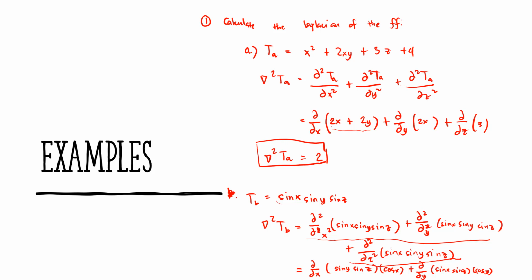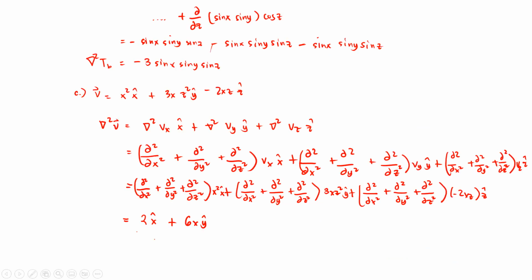So you have cosine y. You have sine x, sine z multiplied by cosine y. And then with respect to z, so copy sine x, copy sine y, and then differentiate sine z. So its derivative is cosine z. So you have sine x multiplied by sine y multiplied by cosine z.